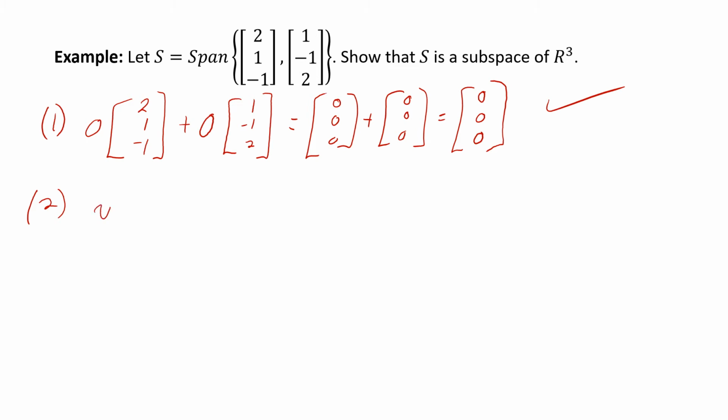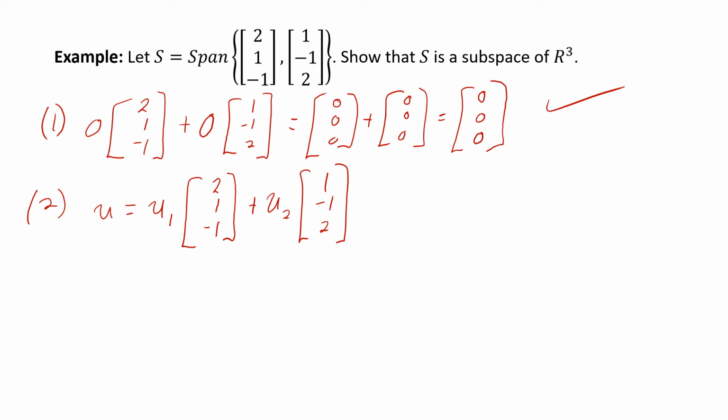So our first vector u is equal to something times the first vector plus another number times the second vector. That is the literal definition of an element of S. An element of S is a linear combination of those two vectors.